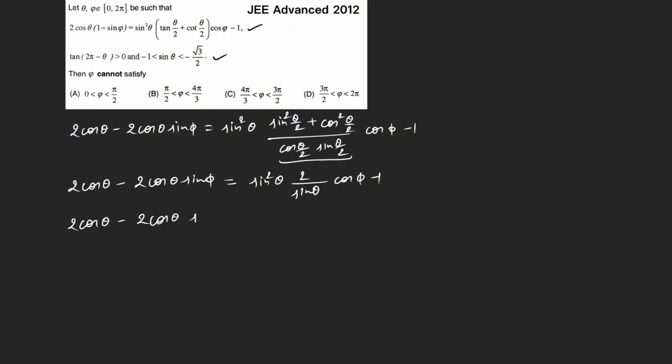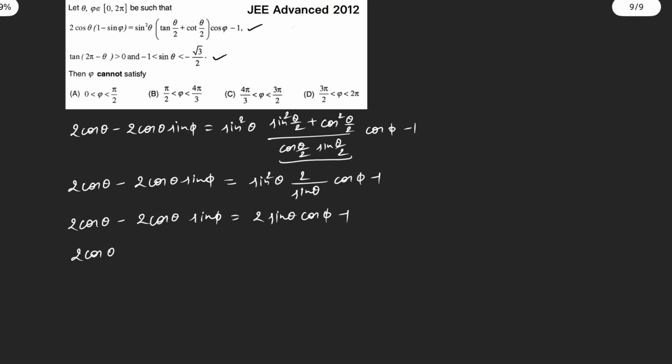So let's do that. 2 cos theta minus 2 cos theta sine phi equals sine square theta into 2 divided by sine theta cos phi minus 1. And this leads to 2 cos theta minus 2 cos theta sine phi equals 2 sine theta cos phi minus 1. And now we can see that we have cos theta sine phi, sine theta cos phi. So let's take cos theta sine phi to the right hand side.